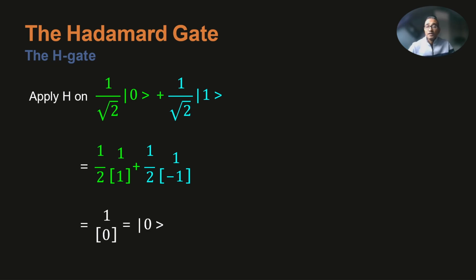So here, once we apply it to the combination of states 0 and 1 in a positive sense, we are getting state 0, which is the reverse of when we apply Hadamard on the state 0 and get a superimposed state of 0 and 1.